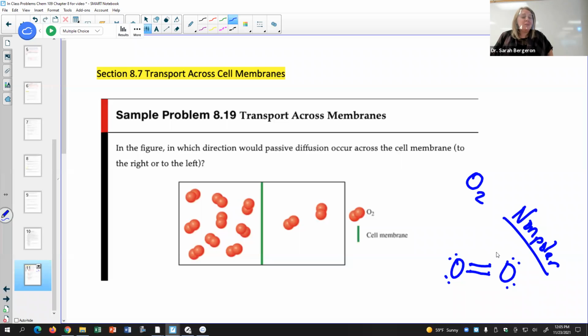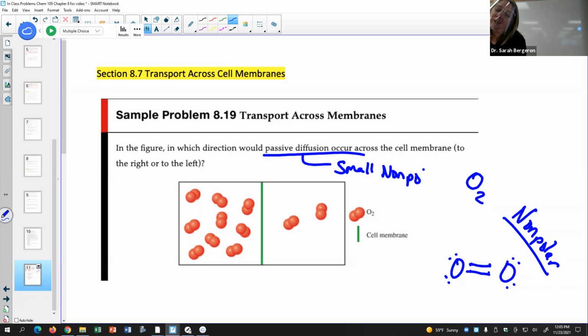Really small non-polar substances are going to go across cell membranes through passive diffusion. So small non-polar go through passive diffusion. They don't need any help. It's passive, right?